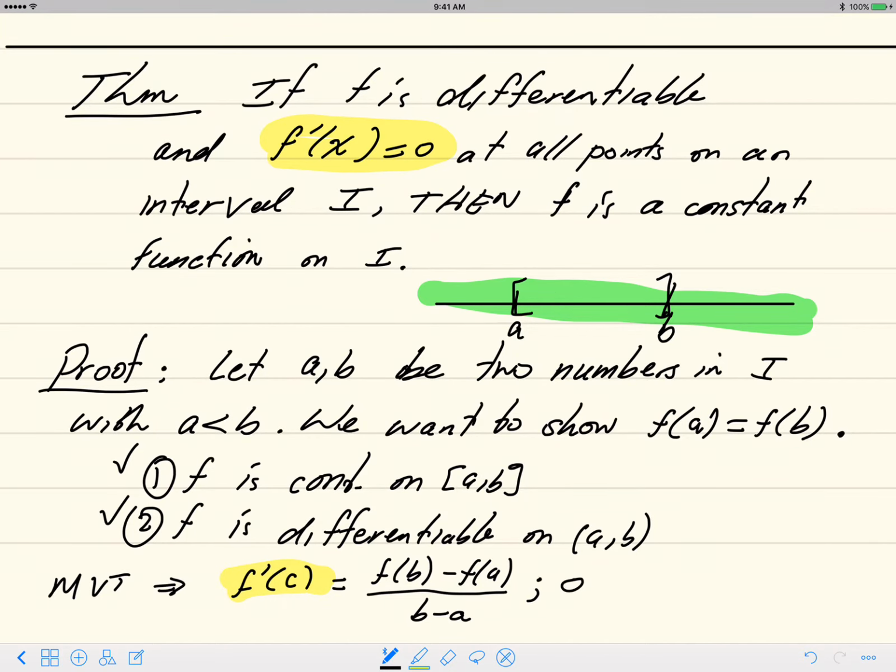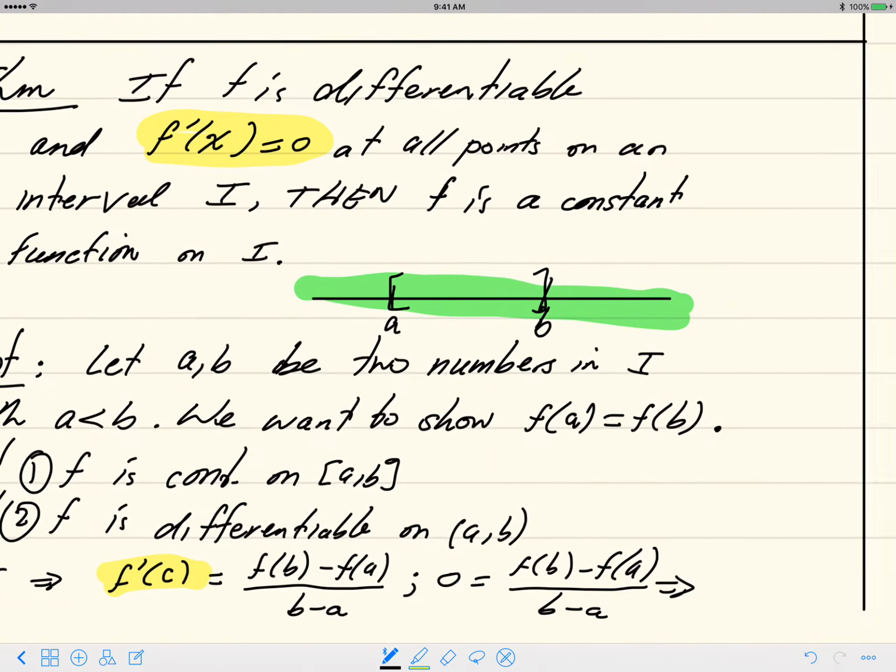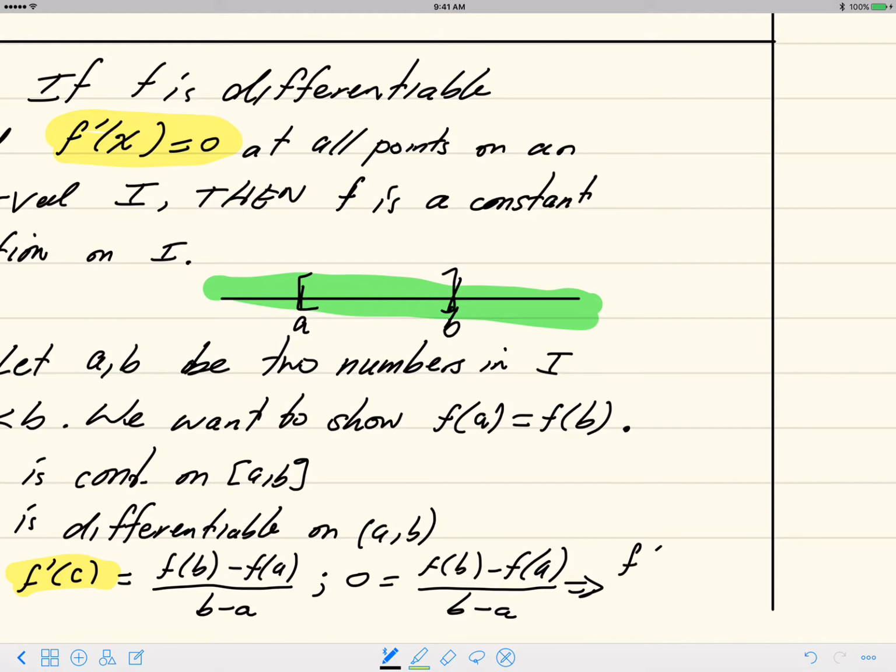So in other words, 0 equals f of b minus f of a over b minus a, which basically means that the numerator must be 0. But if f of b minus f of a is 0, that means f of b equals f of a. So that's exactly what we wanted to show, so we're done with the proof.